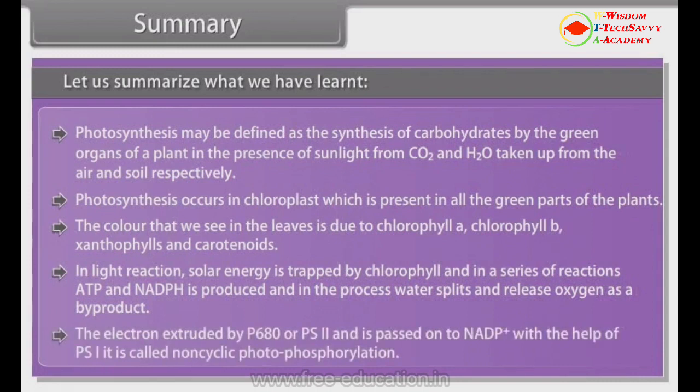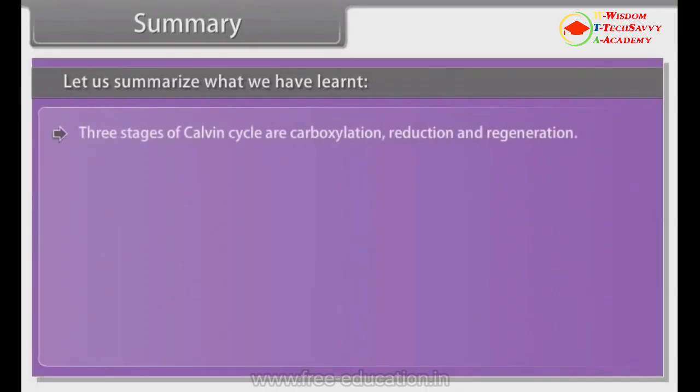The electron extruded by P680 or PS2 is passed on to NADP+ with the help of PS1. It is called non-cyclic photophosphorylation. The 3 stages of the Calvin cycle are carboxylation, reduction and regeneration.